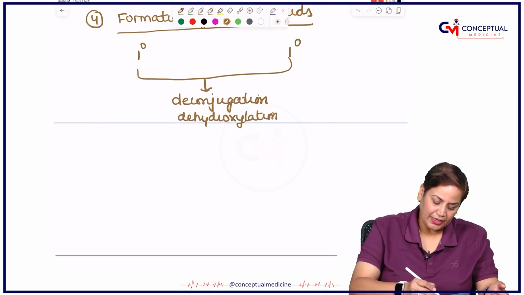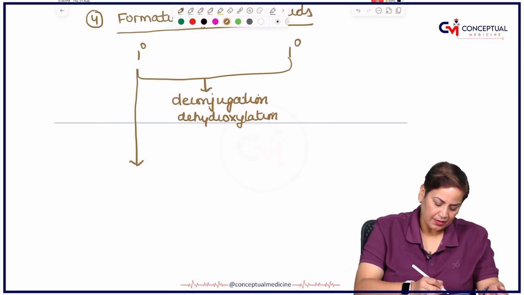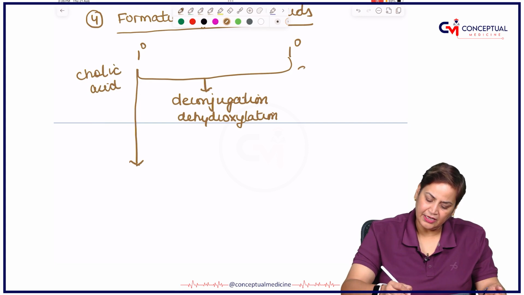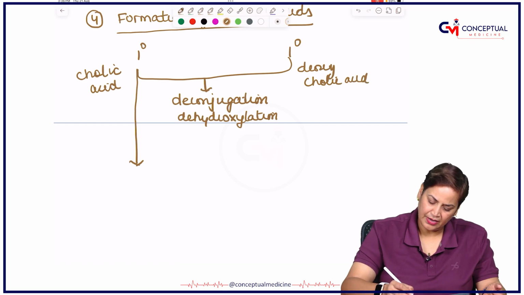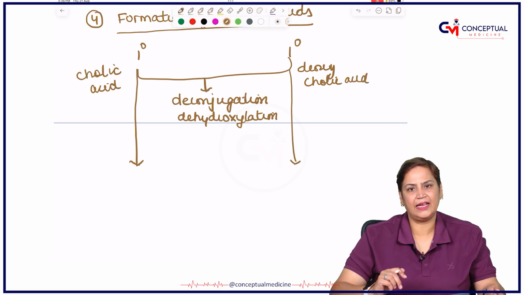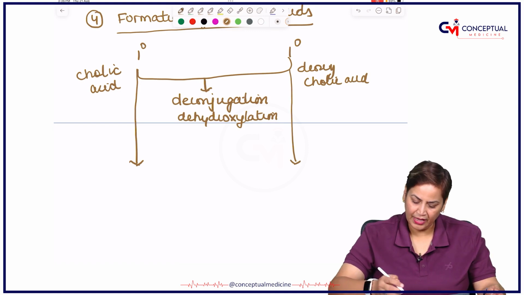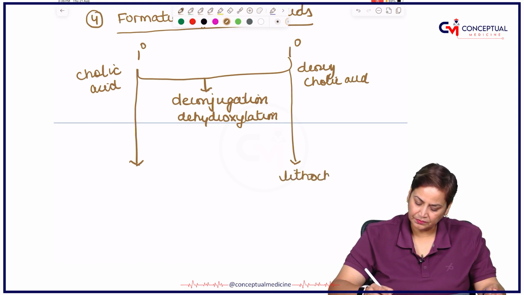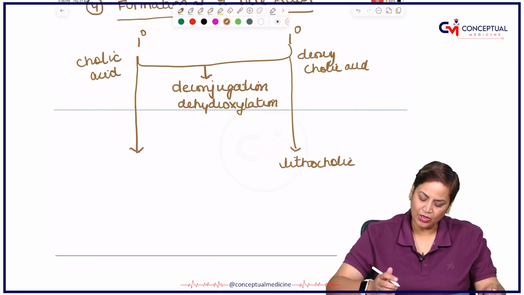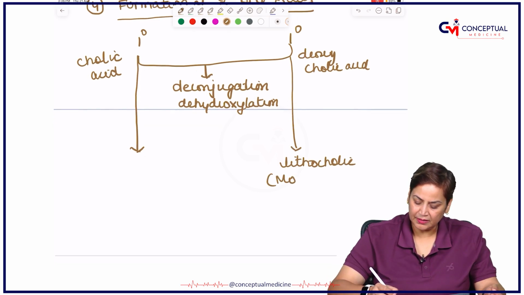And this cholic acid will be converted, and deoxycholic acid will be converted, right, to the secondary bile acids. Okay, so here lithocholic acid will be produced, which is less soluble and more toxic.